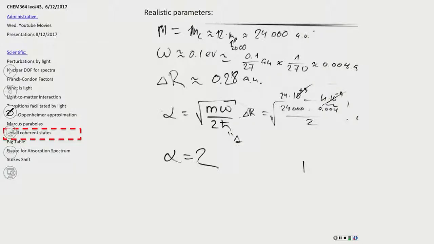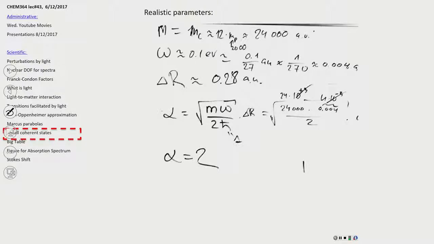So, an example, I am about to finish in 3 minutes. Suppose we have an oscillating carbon, maybe some crazy molecule of carbon diatomics, which is not stable but in vacuum. Then typically the mass will be 12 times the mass of the proton, about 24,000.